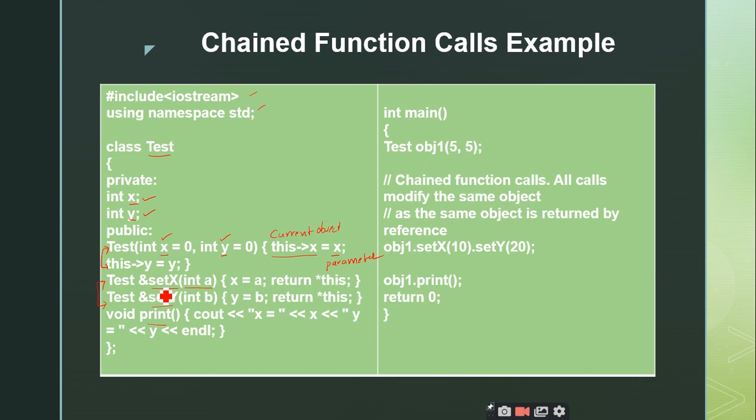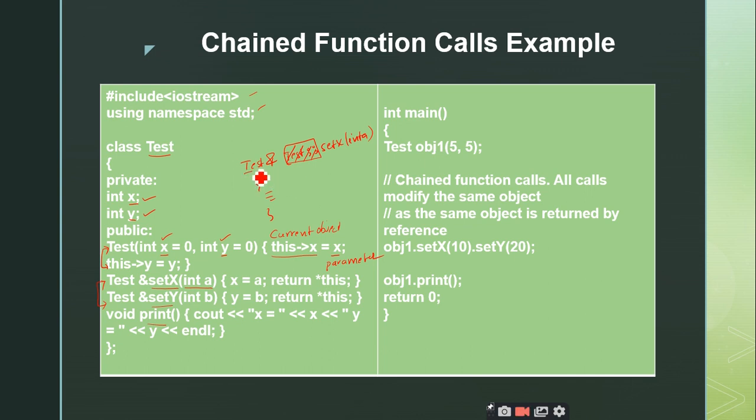I am not defining the member functions outside the class. If I define them outside the class, then I should write test ampersand and then test scope resolution operator, and then I should write set x int a, and write the body of the function. But since I am defining the member function inside the class itself, there is no need to tell the belongingness.